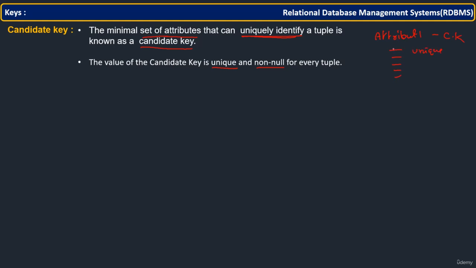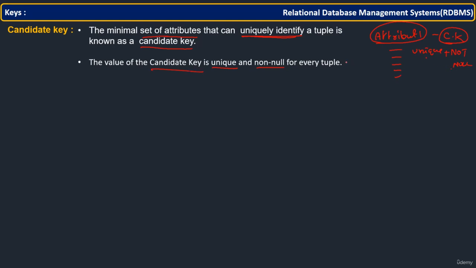Whatever value you have here should not repeat. There are no duplicate values, and it should not be null. Every cell must be filled with some value. That is candidate key actually. Whichever attributes satisfy this property, unique and not null, automatically those are the candidate keys.